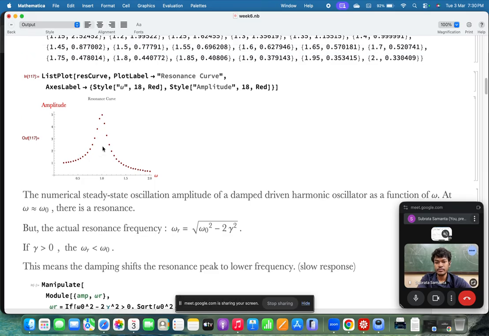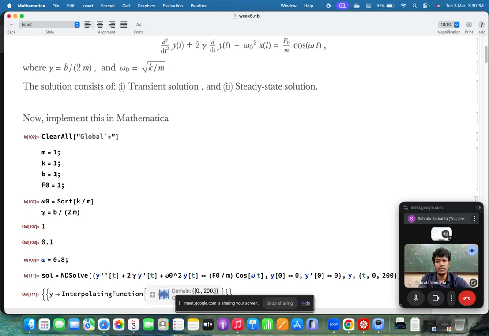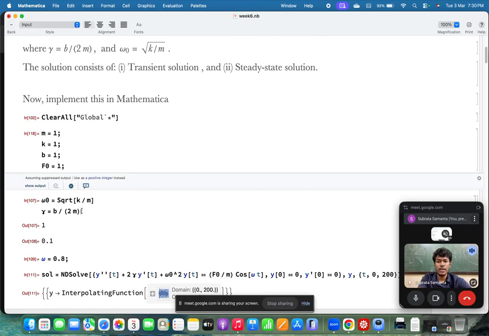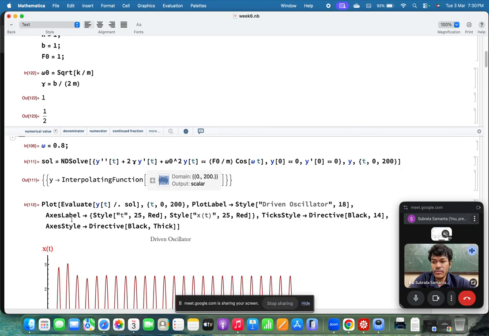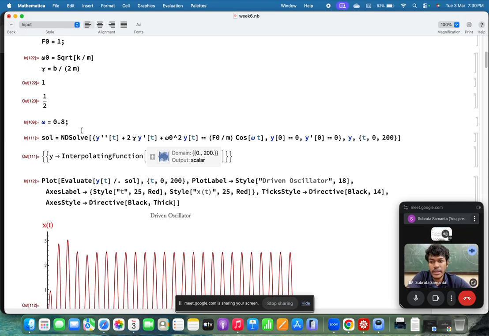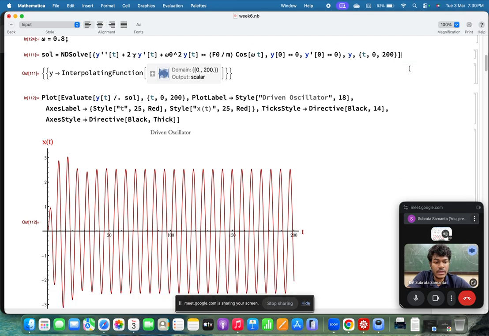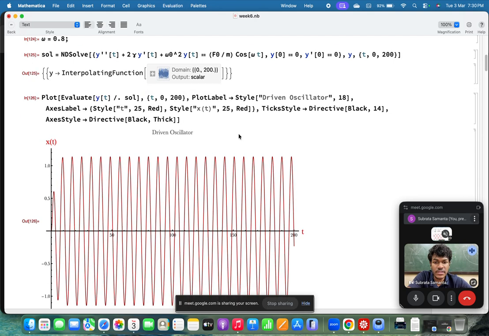So you can easily observe this. Let us say we change b to 1 again. I put all the values as 1, so now my gamma is basically half, that means 0.5. Let us see. At these values I choose omega again as 0.8, and then I check whether this region is safe for the steady state.